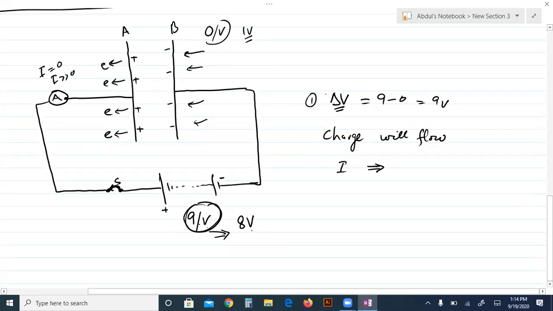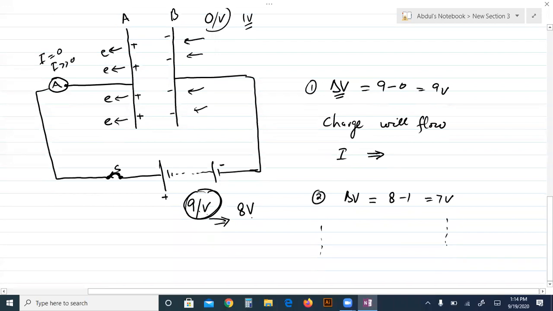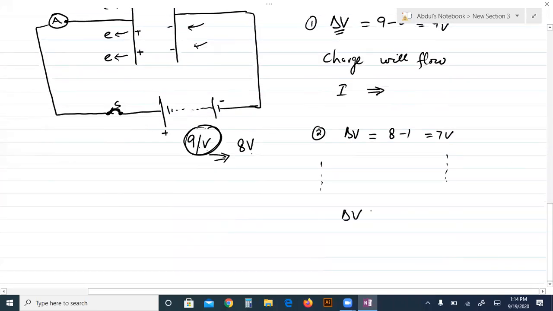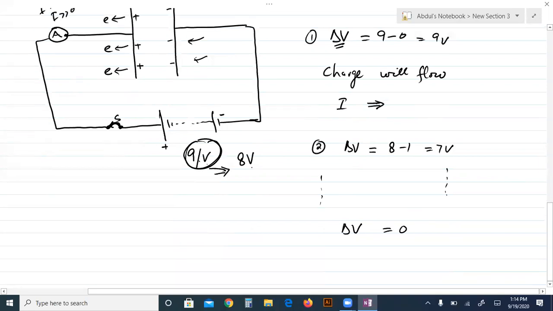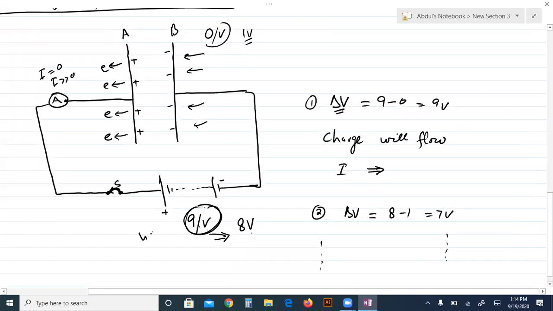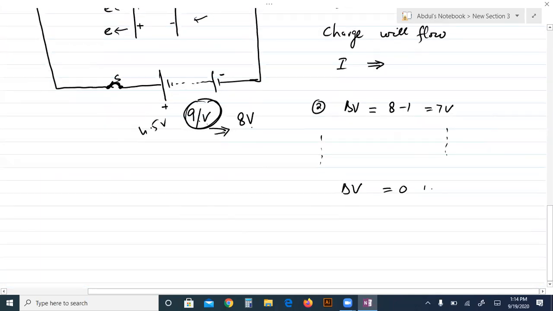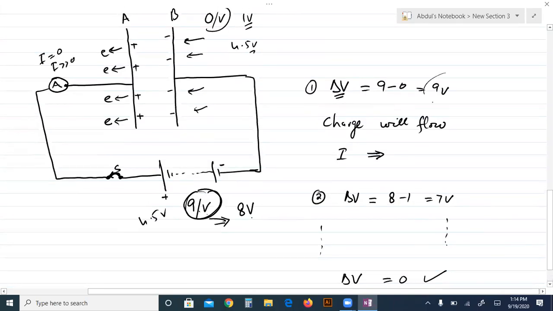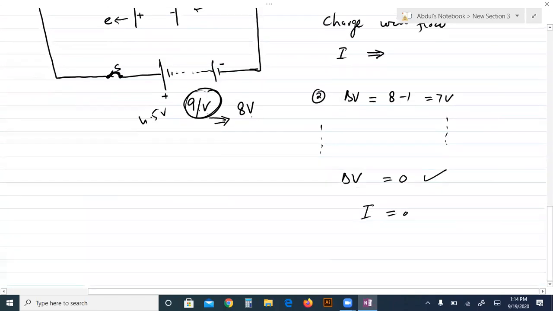The initial 9-volt potential difference, after some time, becomes 8 minus 1, 7 volt, and gradually this potential difference decreases, and finally, when both are at the same potential, suppose 4.5 volt, then the potential difference is 0, no current again. So the initial potential difference is 9 volt, gradually decreasing, so the current decreases.